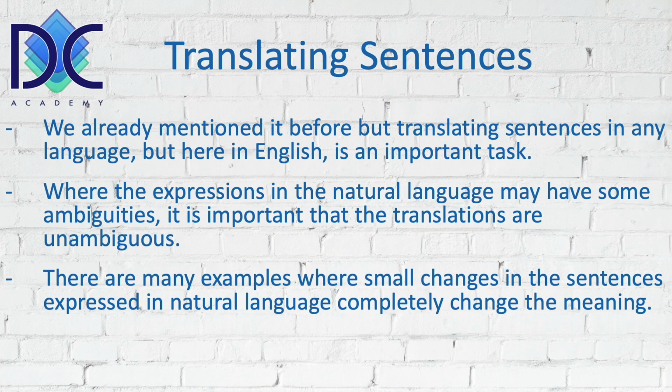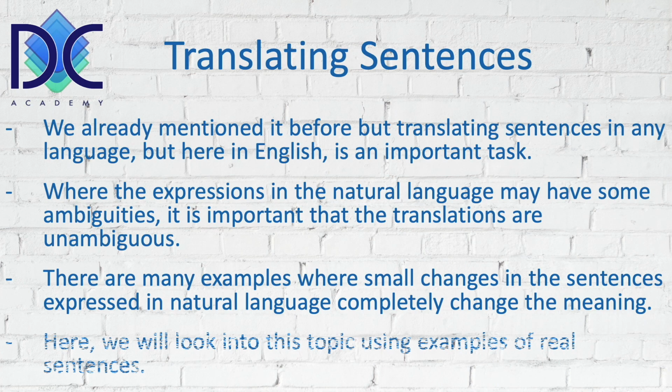They have the same dictionaries, the same grammar, the same words. Some words in Holland or in the Netherlands have a different meaning than they have in Flanders. These are things that have to be taken into account and make the translation of sentences into logical expressions rather difficult in some cases.